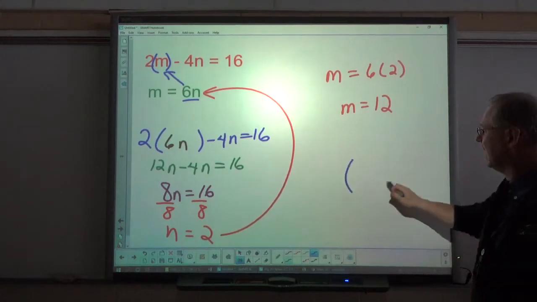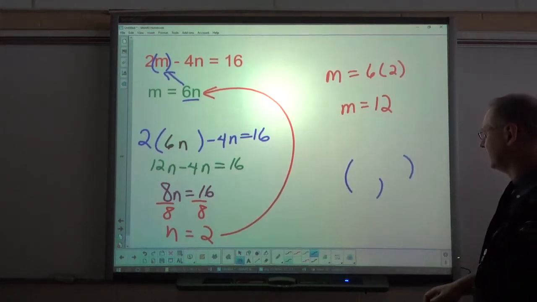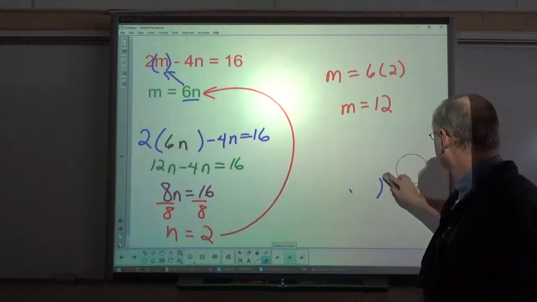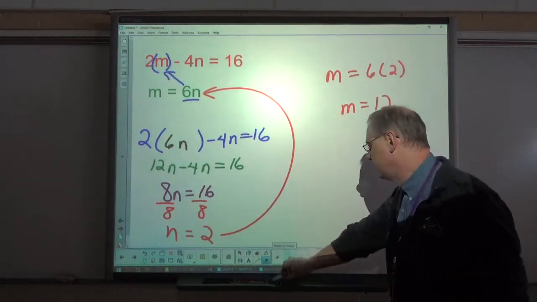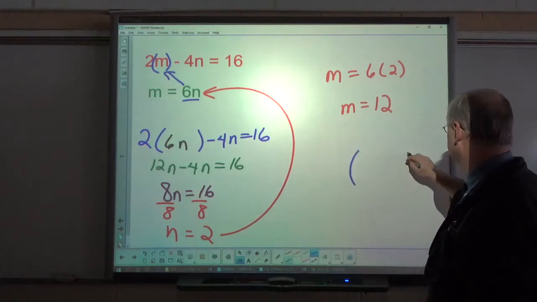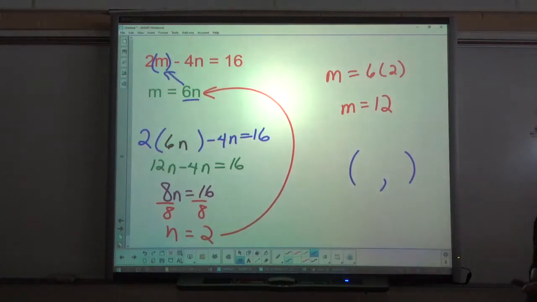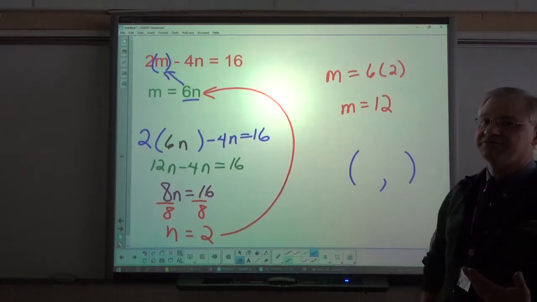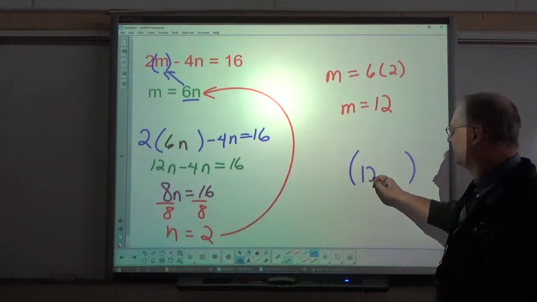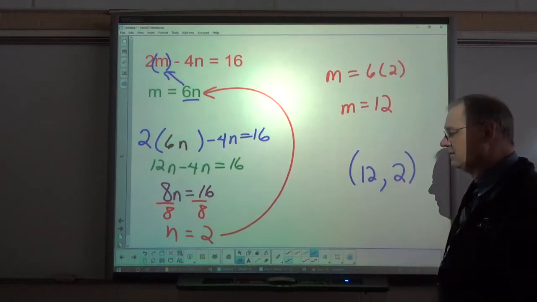Now, how do you write the coordinate if you don't just have x's and y's? Well, unless it tells you otherwise, you're going to put them in alphabetical order. M, then N. And there you have it.